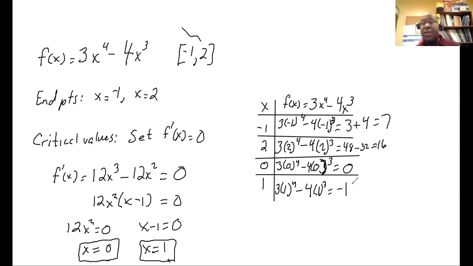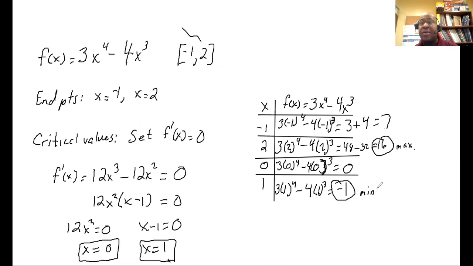All right, so now when we look at the y values, notice here that the greatest of the y values we have is at 16. So that's going to be our maximum. And then the lowest y value is -1.